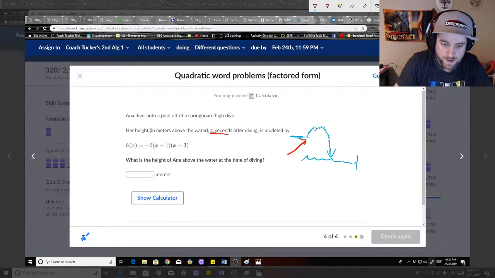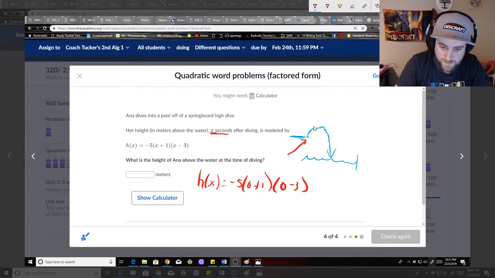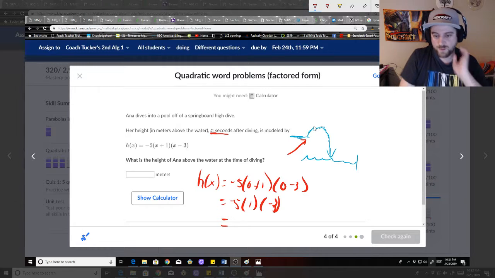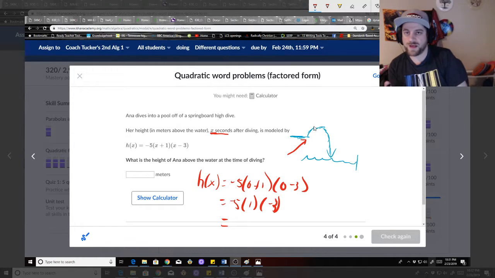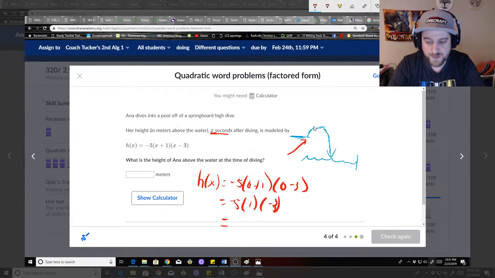So we have h of x is equal to -5 times (0 plus 1) times (0 minus 3). Well, that's -5 times 1 times -3. First, this is a word problem, so I like that we can make sure there's a positive value here.